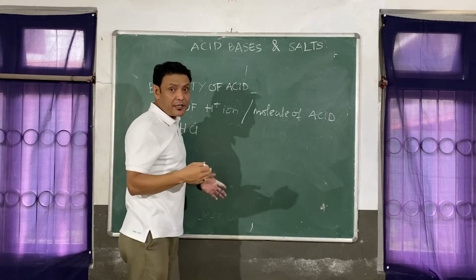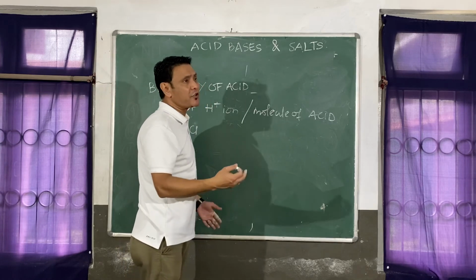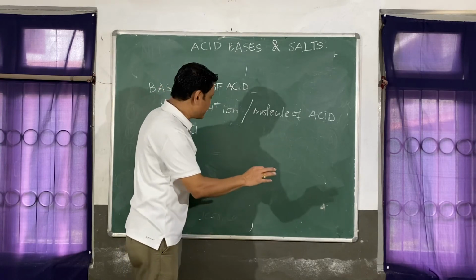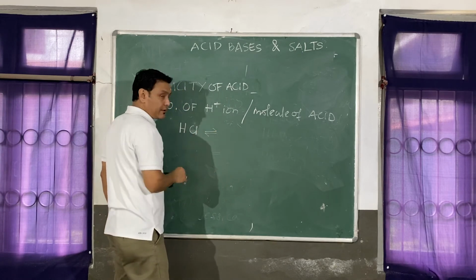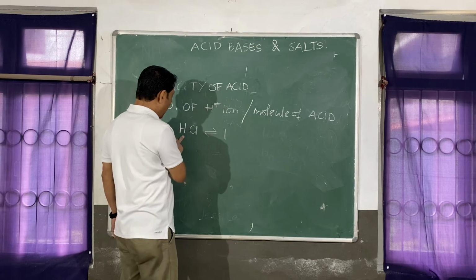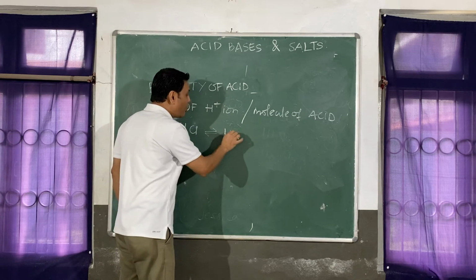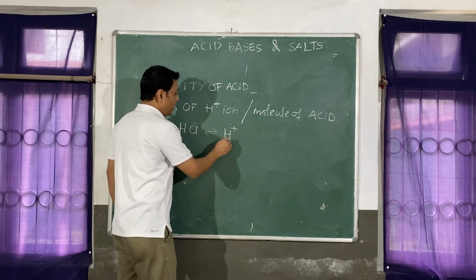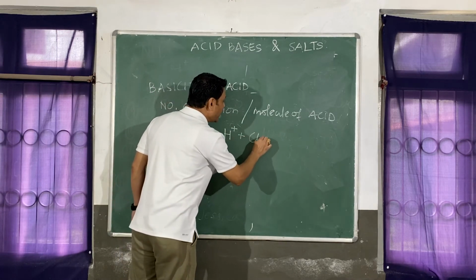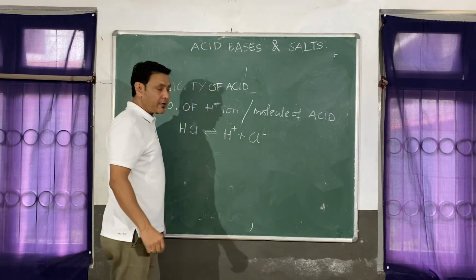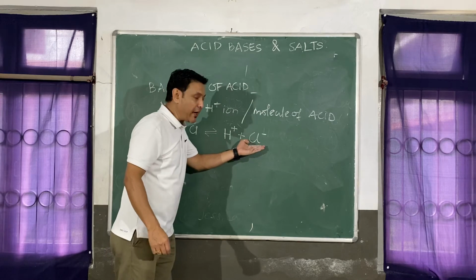Whether it dissociates completely or partially, whether it's a strong acid or a weak acid, does not matter, it will dissociate. So HCl dissociates to produce how many atoms of hydrogen here? 1. So it will produce only 1 hydrogen ion. And how many atoms of chlorine here? 1. So it will produce only 1 Cl minus. So HCl dissociates into H plus and Cl minus.